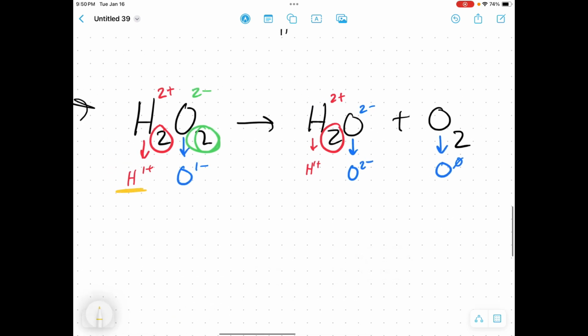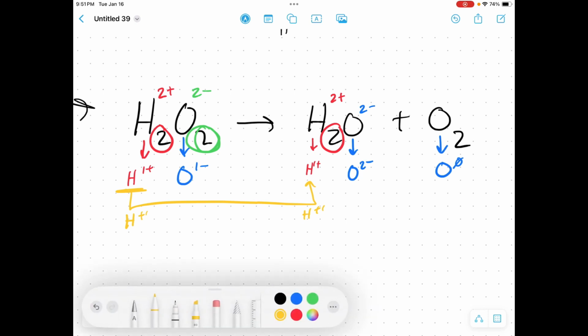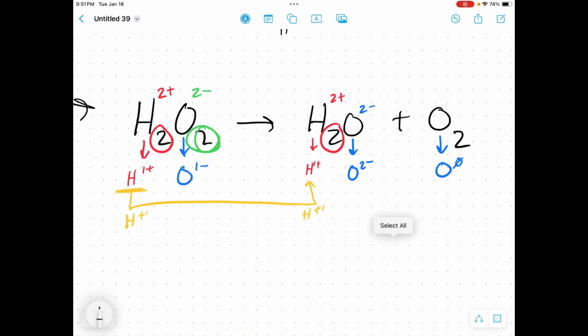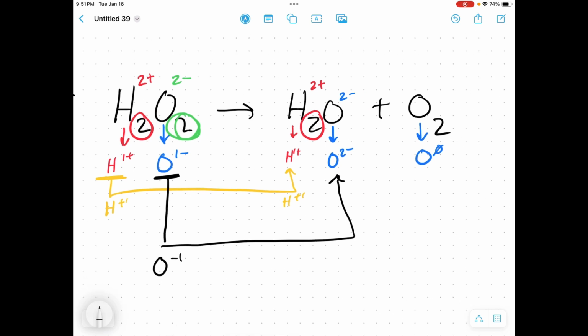So looking at the hydrogen, hydrogen has +1, +1, so nothing's happening to that hydrogen atom. But if we take a look at our other element, oxygen, it starts as a -1, but when it breaks down and forms the water molecule, this oxygen is 2 minus.